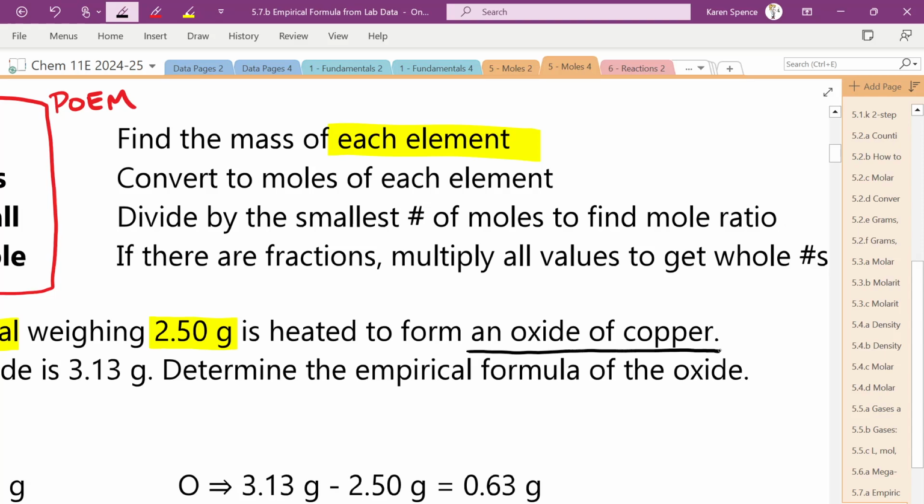Now, when they say an oxide of copper, all that means is that you have a compound that contains copper and oxygen. So it's going to be Cu something, O something. We don't know what our subscripts are yet.